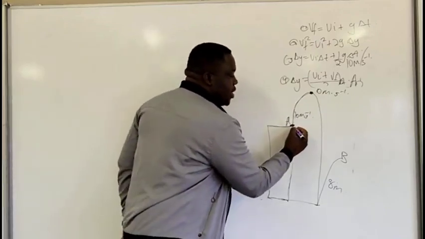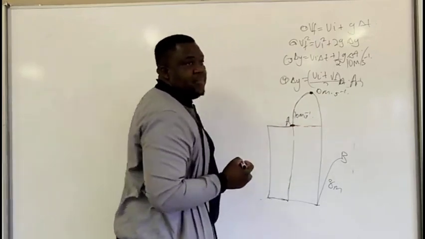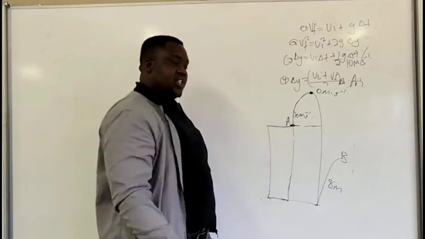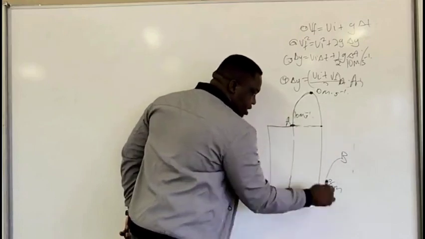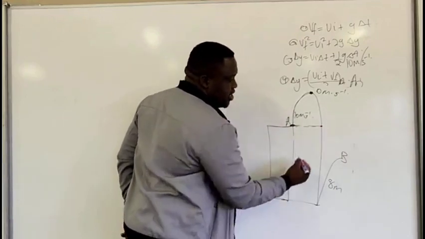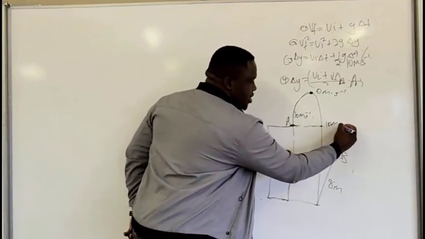Another thing: when the ball comes back to the same position when it is going down, here at the edge of the building, it will be how much? It will be 10 meters per second.